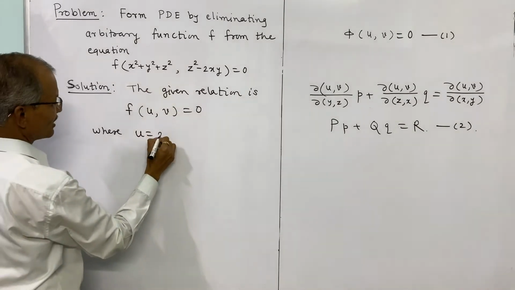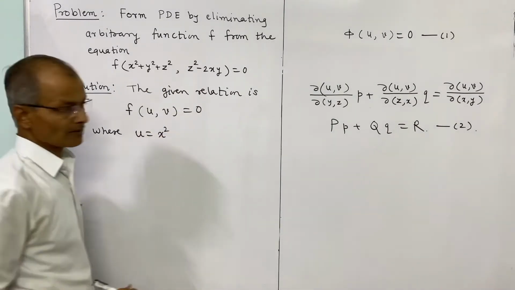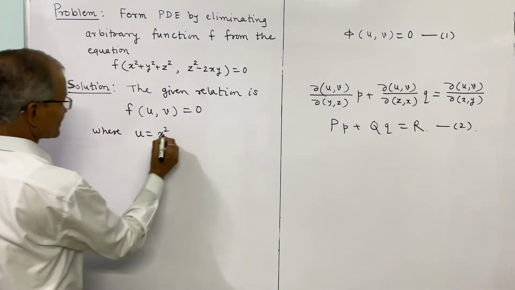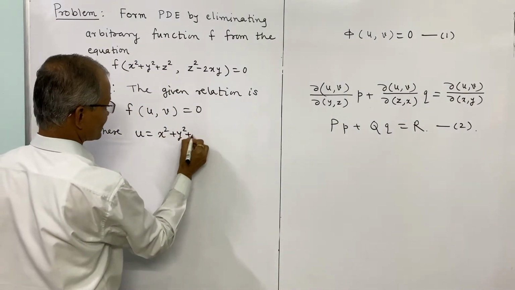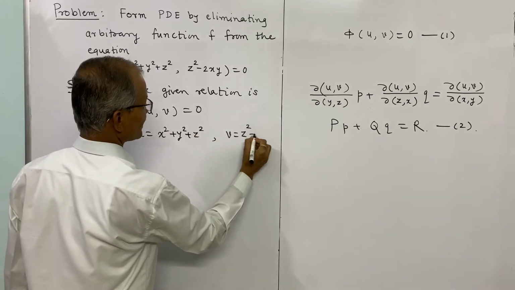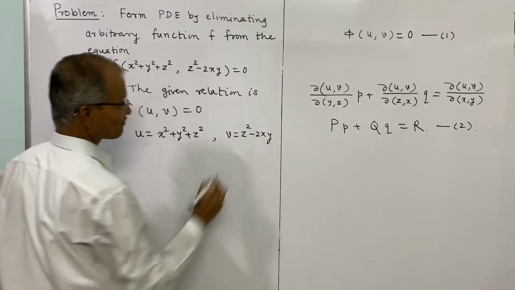We are using the same notation as in the method that we derived last time: u is x square plus y square plus z square, and v is z square minus 2xy.